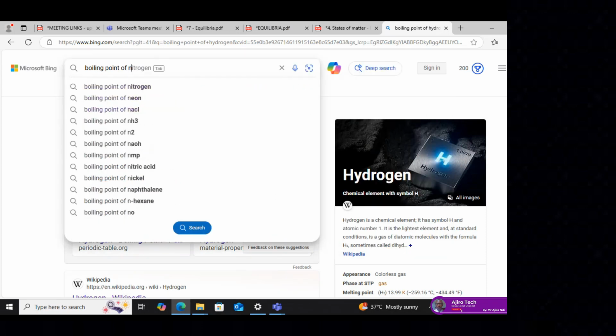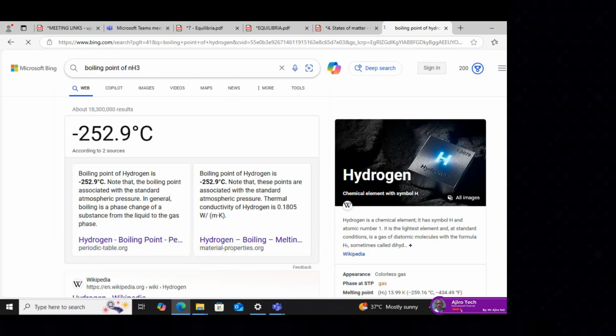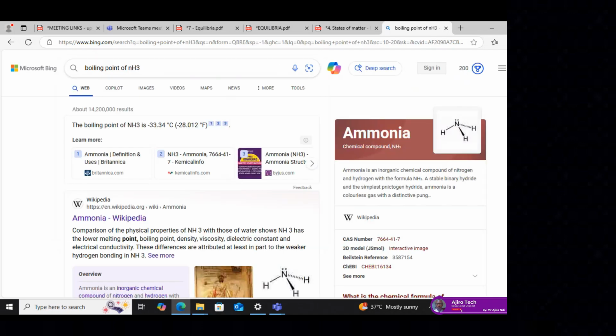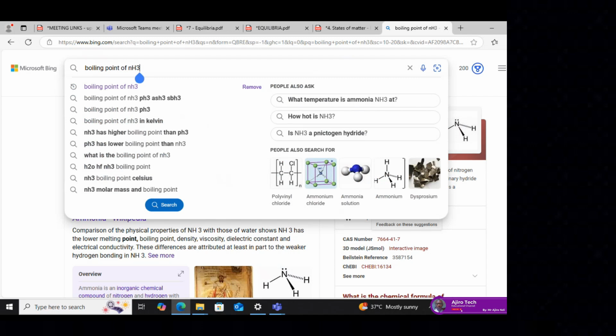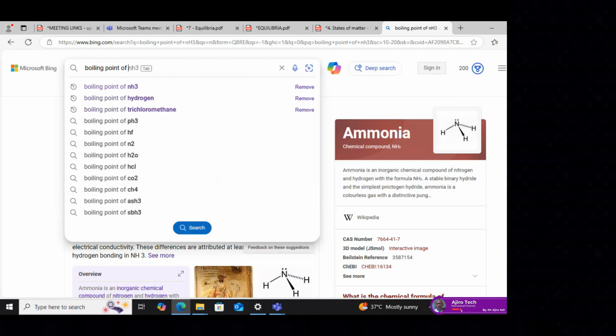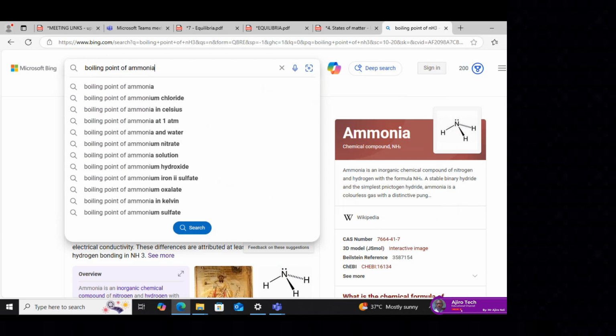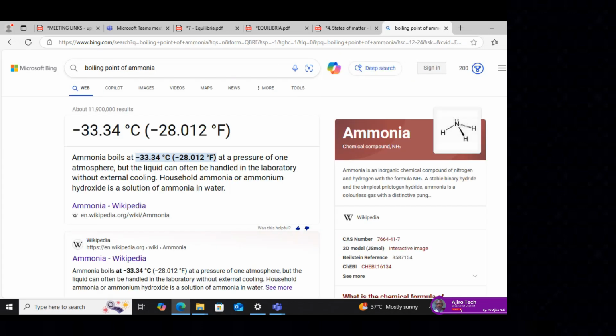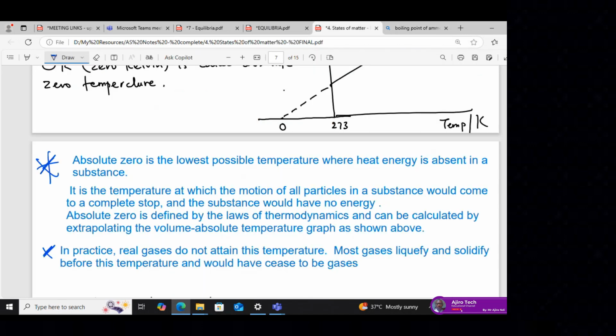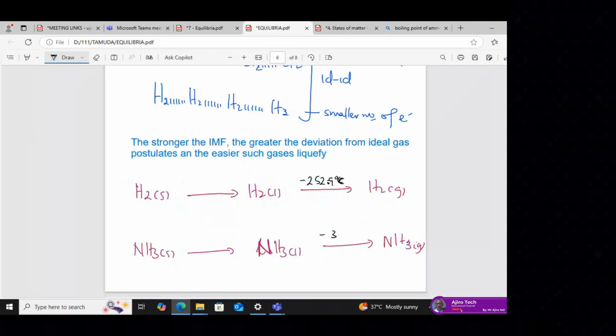You see that ammonia will be easier to liquefy. Minus 33. Let's just say minus 33.34. Can you see now?